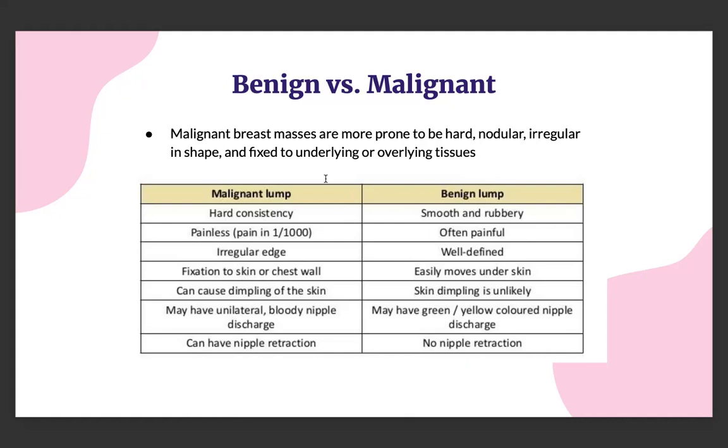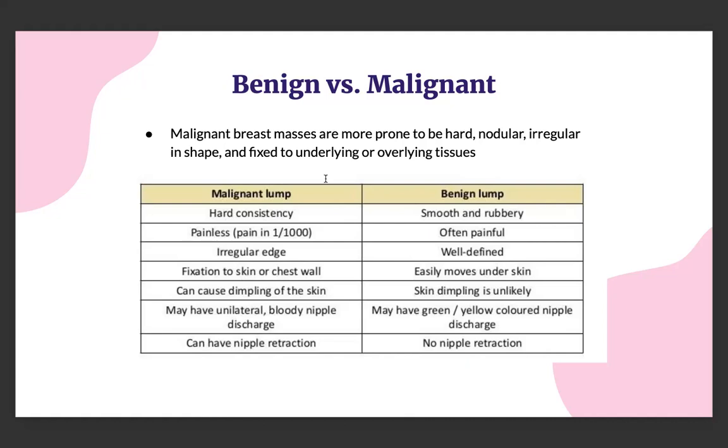And if we look at this table, we have different particular findings that would point more to a benign lump or more to a malignant lump. So for our case, when we saw her in the OPD, with her present condition, we're looking more into a malignant lump.